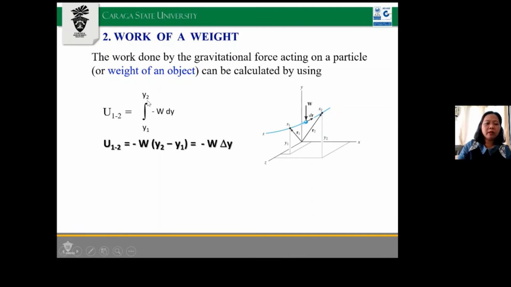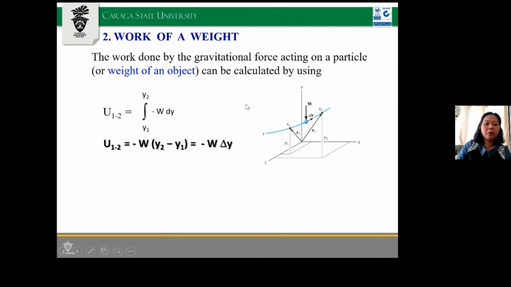When the weight is constant, the formula for work from 1 to 2 is equal to the negative of weight multiplied by y2 minus y1, or delta y. The change from this point up to this point in the y-axis, the vertical.